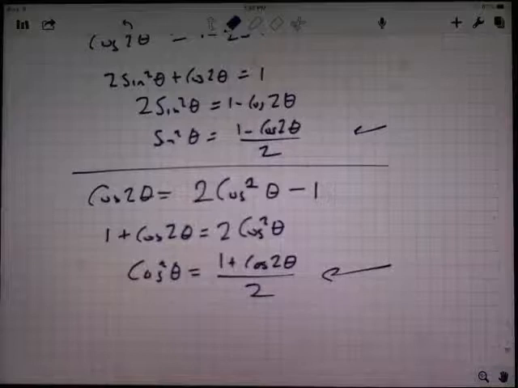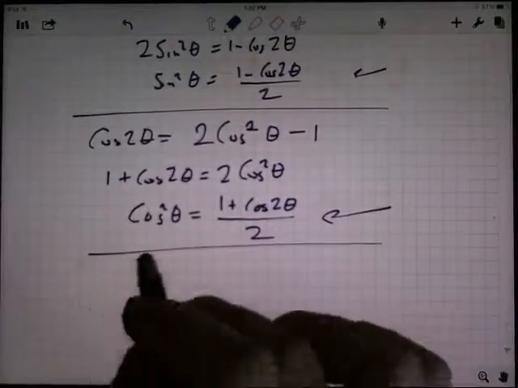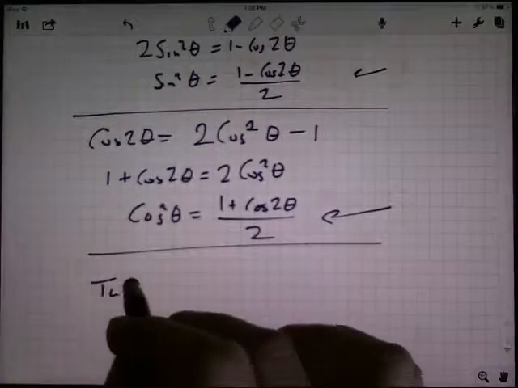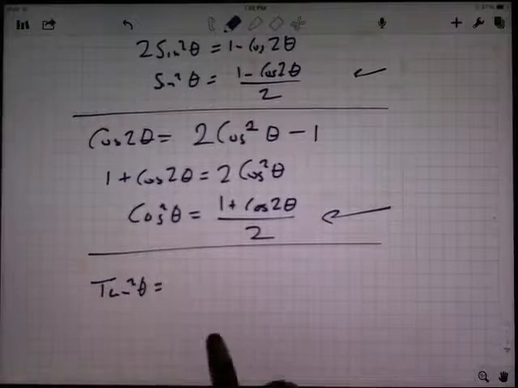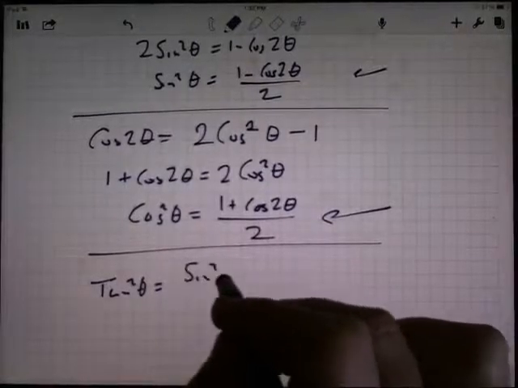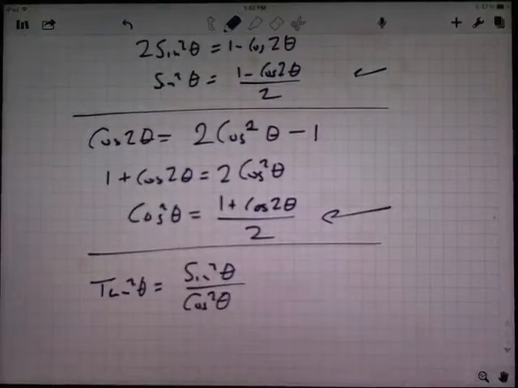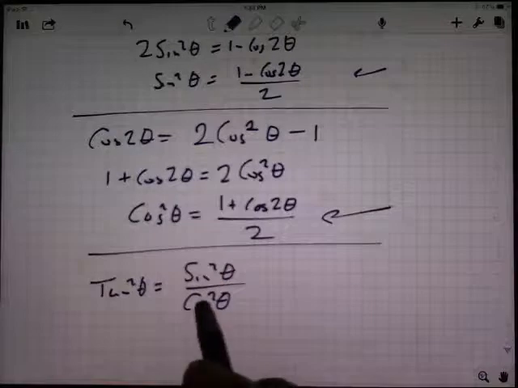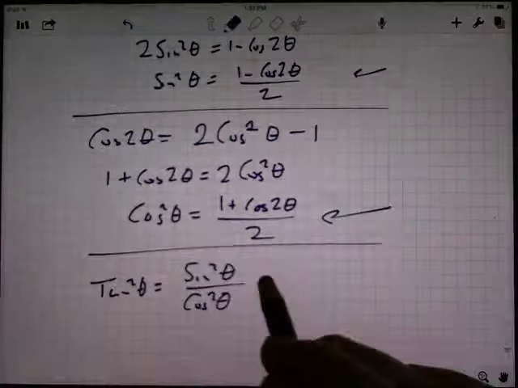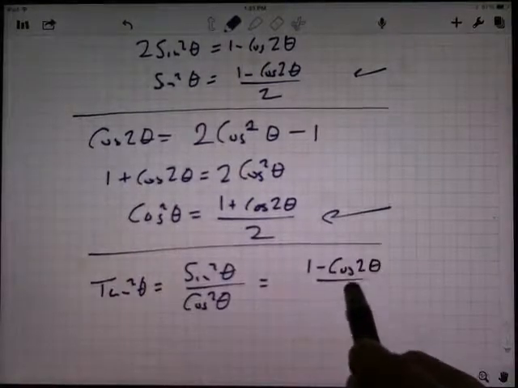One more power reducing formula that we'll put up here for your viewing pleasure. Tangent. And really, if I look at tangent squared theta, I think of this as sine squared theta over cosine squared theta. Generally, whenever I can change to sines and cosines, I do. So there's that. Well, I know sine squared theta is this thing, right? This is 1 minus the cosine of 2 theta divided by 2.